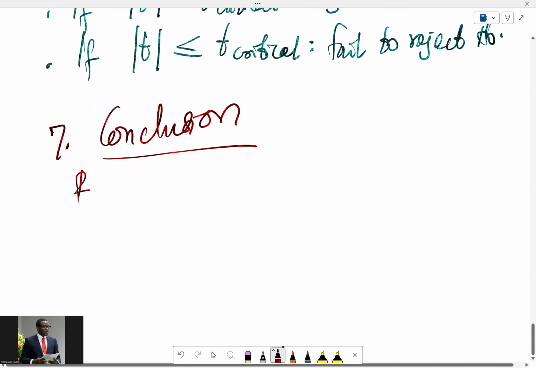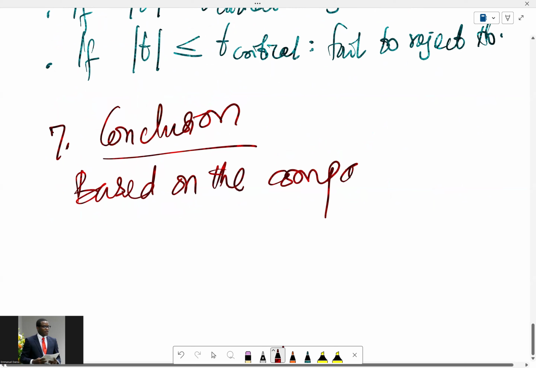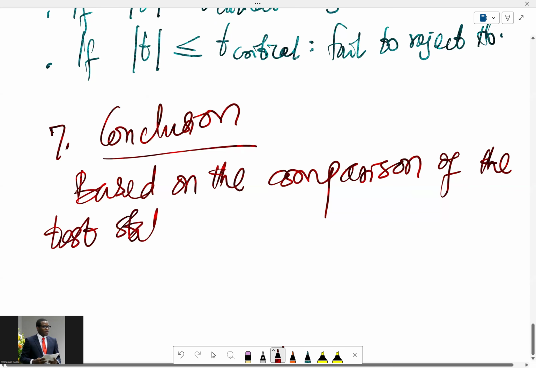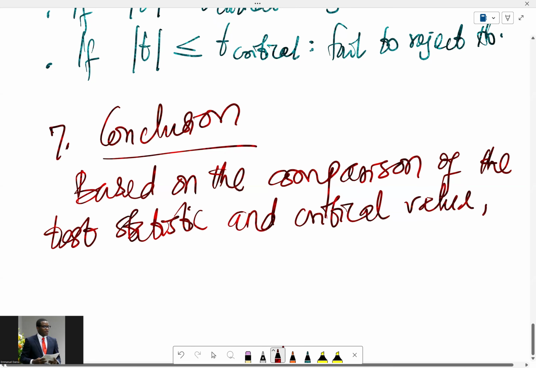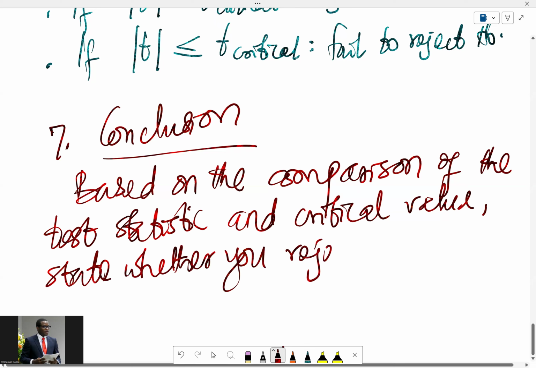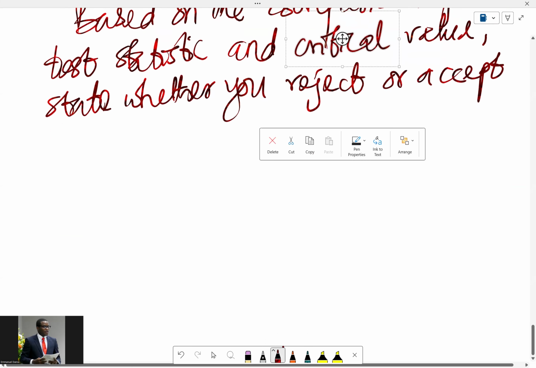So here, based on the comparison of the test statistic and critical value, state whether you reject or accept the null hypothesis.